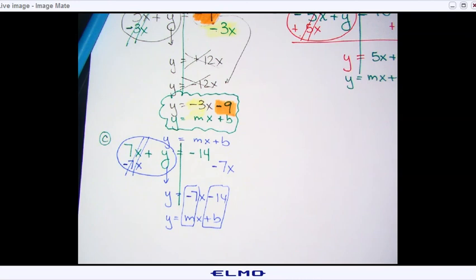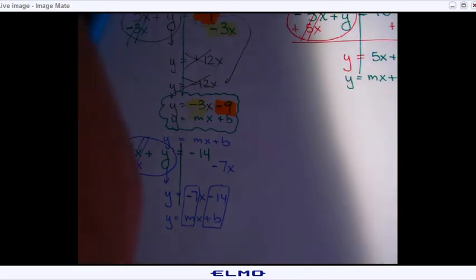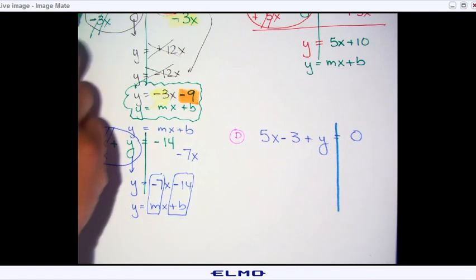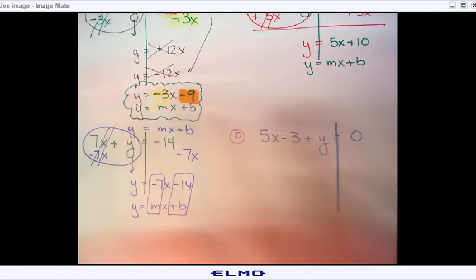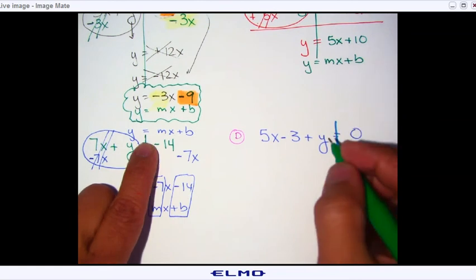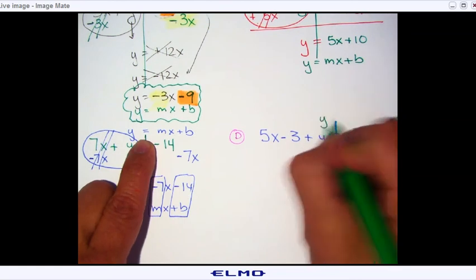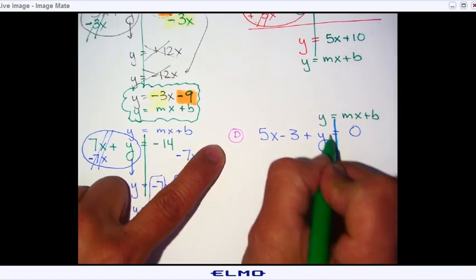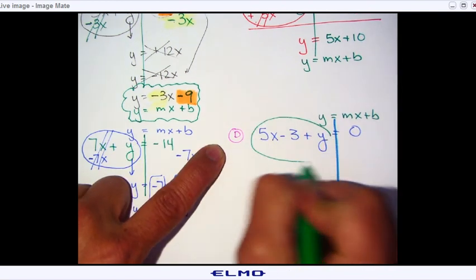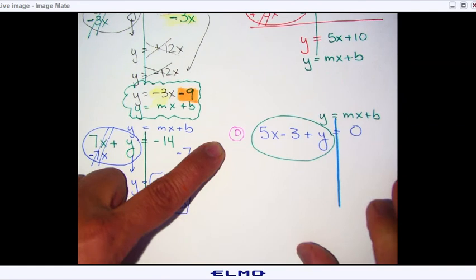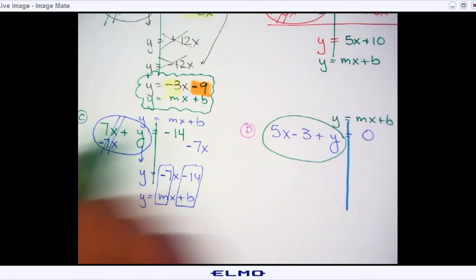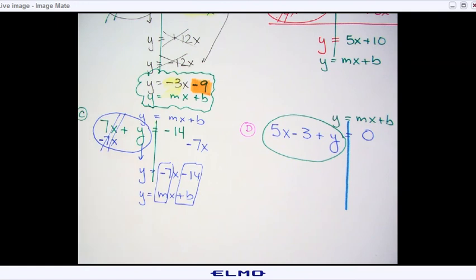Cool. Are you guys getting it a little bit better? So now, guys, you do the same thing. There's nothing that should change. So what do we do first? Y equals mx plus b. We circle this side because there's your y. So what do we do over here? We took care of the x. It's a 5x.